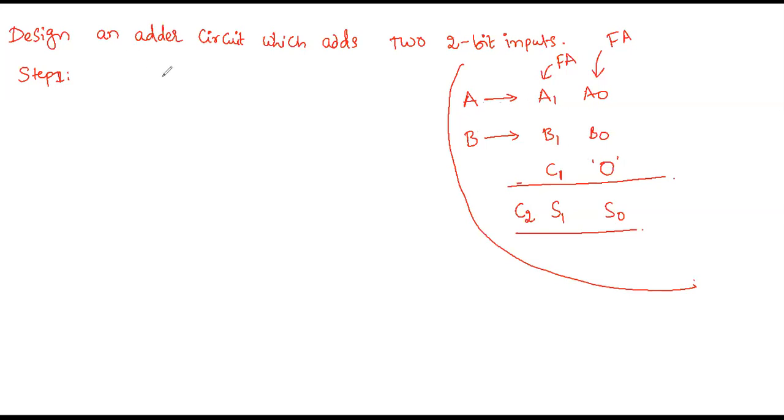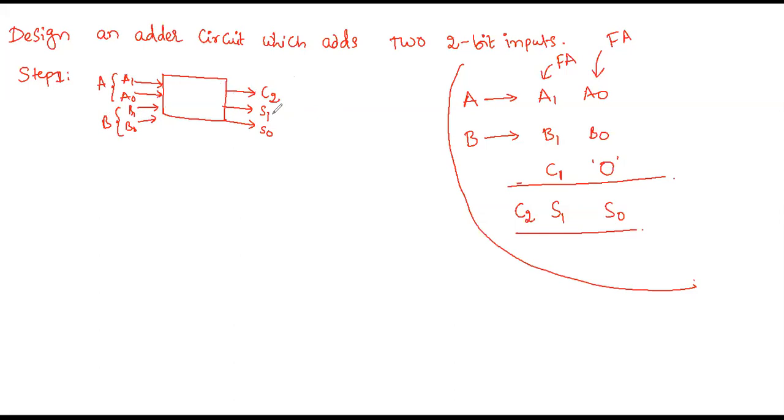We have two input bits, A1, A0, which completely belong to A, and B1, B0, which completely belong to B. And we have outputs C2, S1, S0.